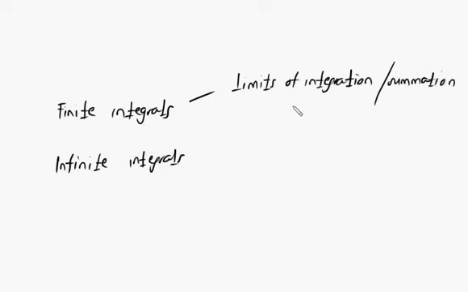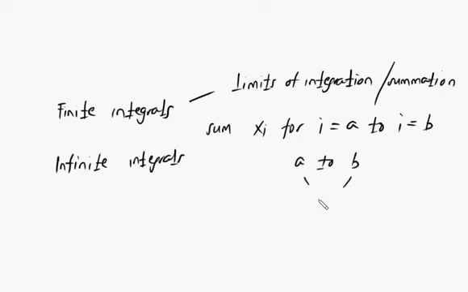Sasa hii limit ni kwa mfano labda mtu akakwambia sum xi from i is equal to a to i is equal to b. Sasa hii a mpaka b, hizi ndo zinaitwa limits. Kwa hiyo ukiintegrate a function kwa kuzingatia hizi limits, ndo tunaita finite integral.